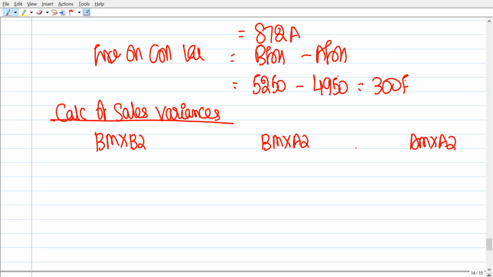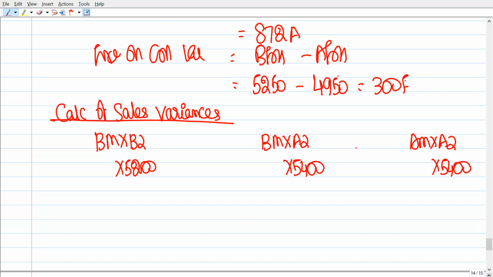BM into BQ, BM into AQ, AM into AQ. What is the quantity we wanted to sell? 5,200, and we ended up selling 5,400. Want to sell 5,200, we have sold 5,400.